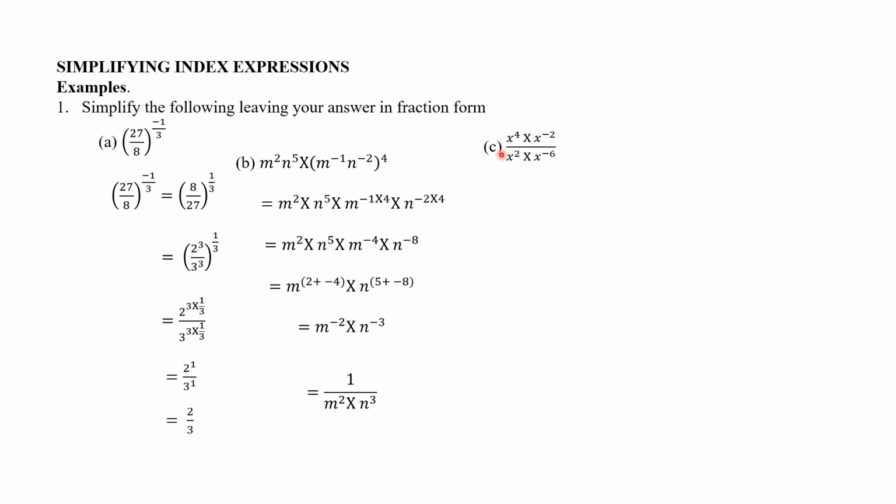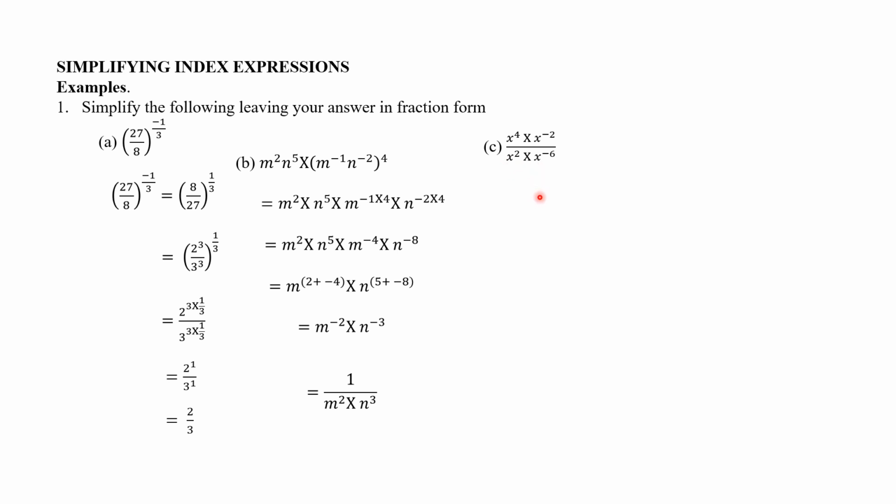We have x power 4, then we have x power negative 2, divided by x power 2, and x power negative 8 right there. So in the numerator, we are having base numbers which are the same. So we write one base and we add the powers. Even in the denominator, we are still having the bases which are the same and they are multiplying each other.